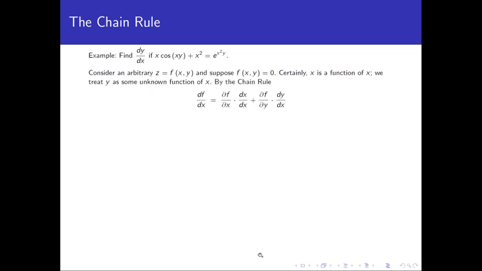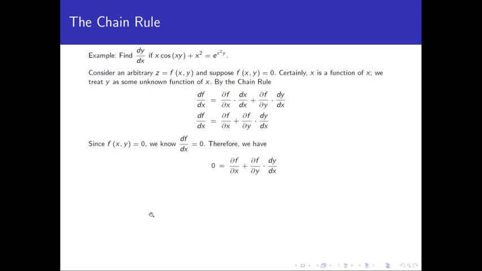We can treat y as some unknown function of x. By the chain rule, x is a function of x, y is a function of x. We don't know what it is. But we do know that the derivative of x with respect to itself is 1. Also, the derivative of f with respect to x has to be 0 because the function is equal to 0.